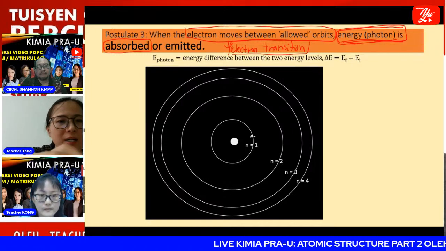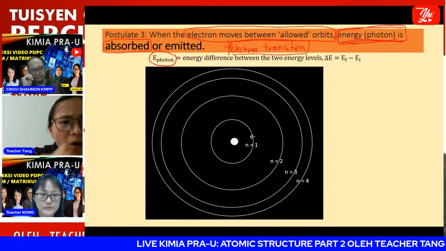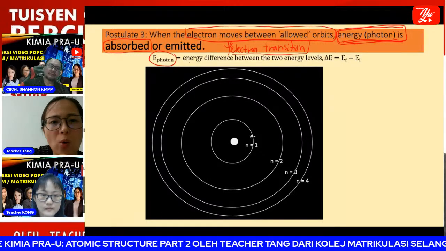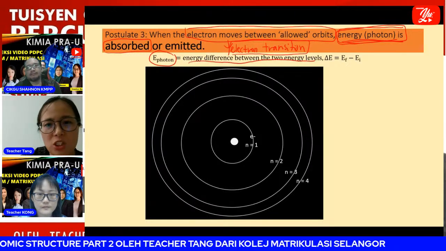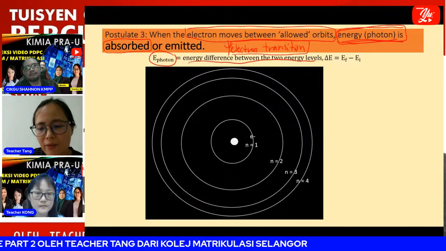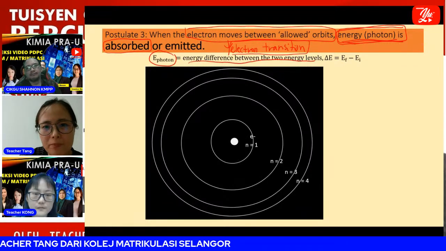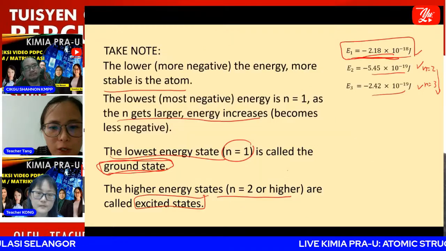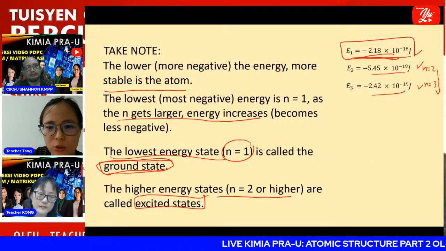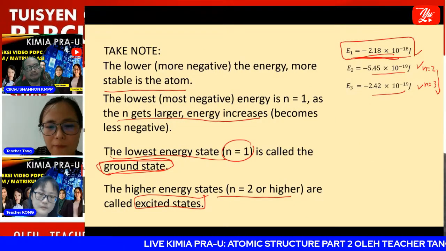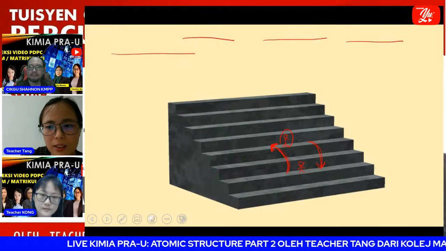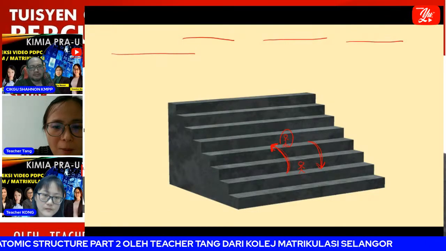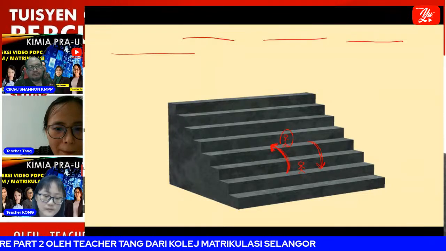The energy of the photon that needs to be absorbed or emitted is equal to the difference in energy between the two energy levels, just like Madam just now. If I want to move from step number 2 to step number 4, how much kinetic energy do I need to have?